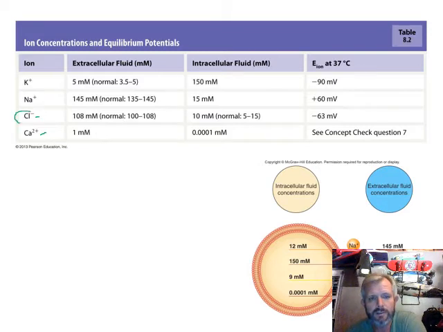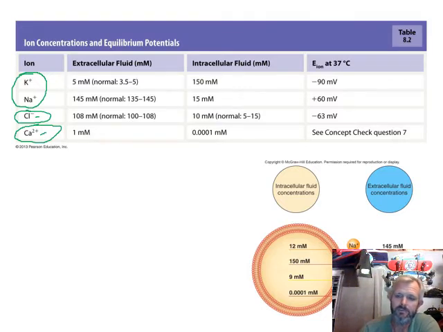The difference is chloride would be bringing in a negative charge, and calcium would bring in a positive 2 charge. We'll be seeing these a little bit, but we're going to be focused mostly on sodium and potassium, because these are the ions that are going to run our action potential.